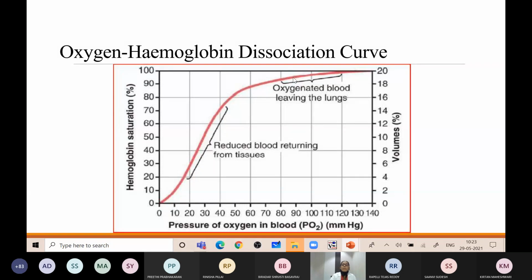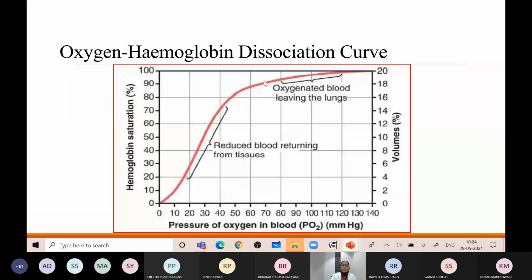Okay, this is the oxygen reserve which is present in our blood, in our hemoglobin, so that around 60 to 100 mm of Hg, the curve is in a plateau stage. There is no steep change here. That means the oxygen hemoglobin saturation remains 90% even if the PO2 is 60.